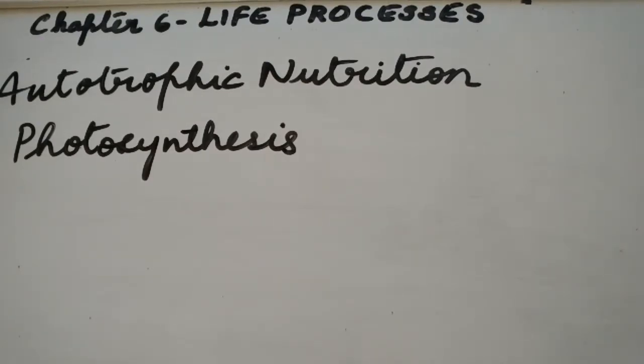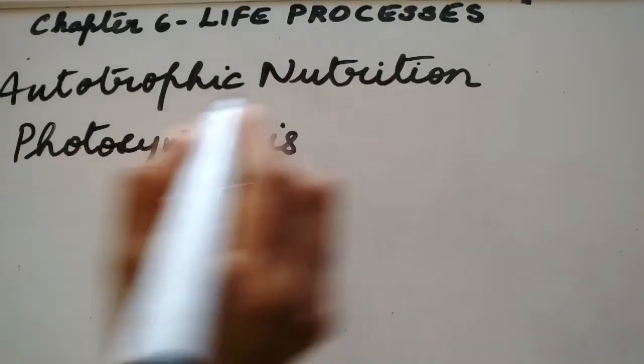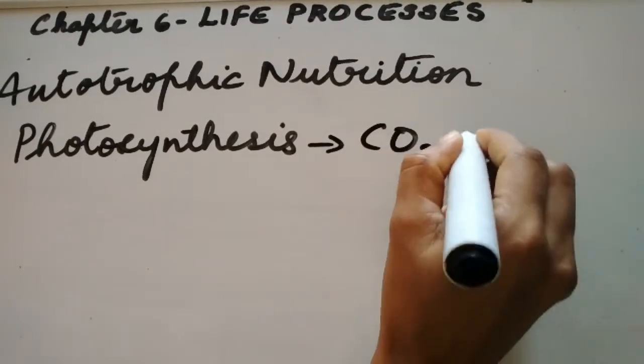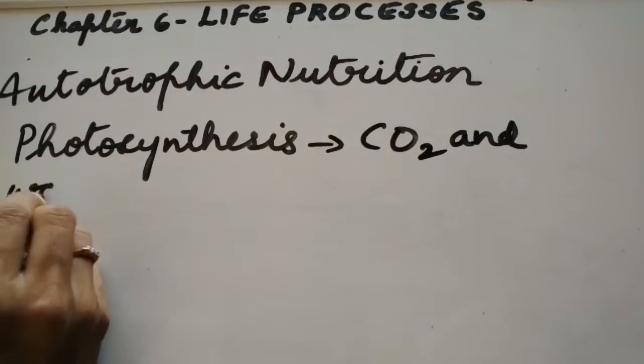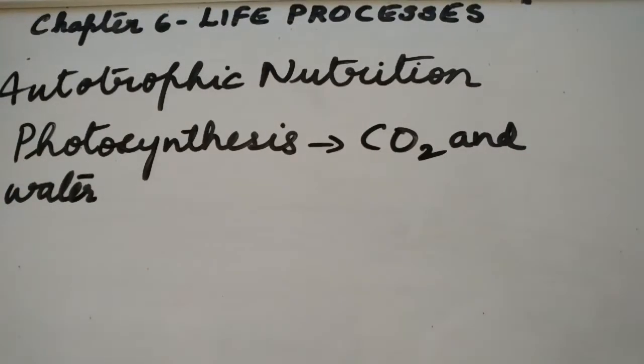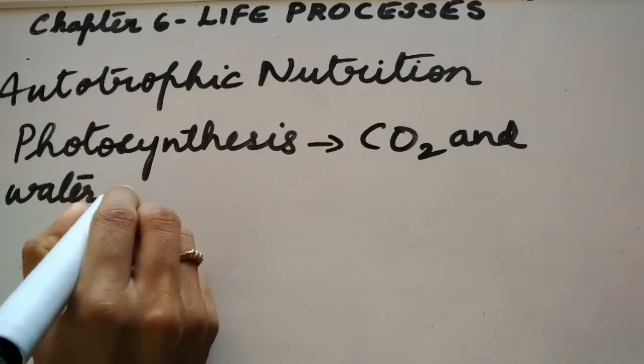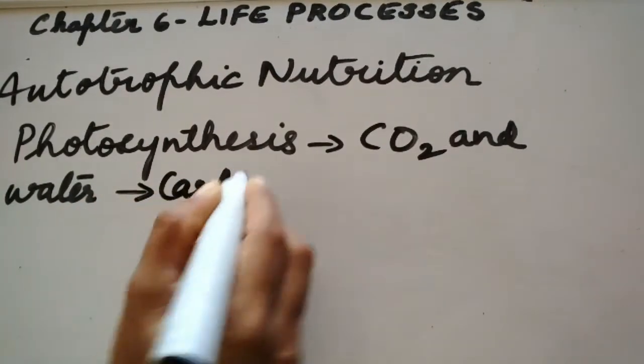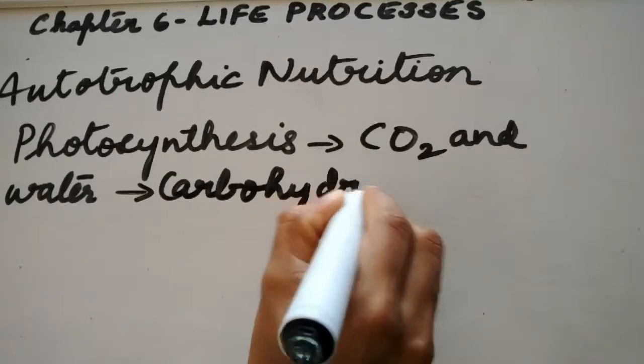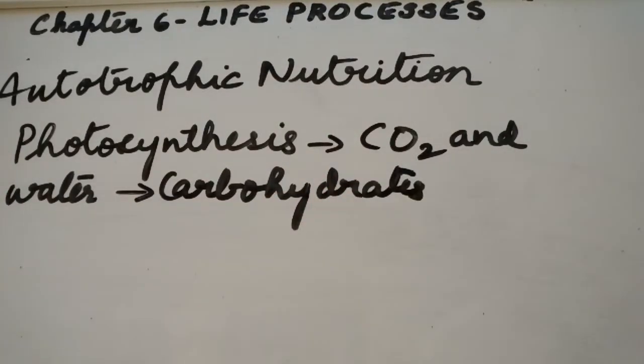It is a process by which autotrophs take in substances from the environment and convert them into stored forms of energy. This substance is taken in the form of carbon dioxide and water, which is then converted into carbohydrates in the presence of sunlight and chlorophyll.